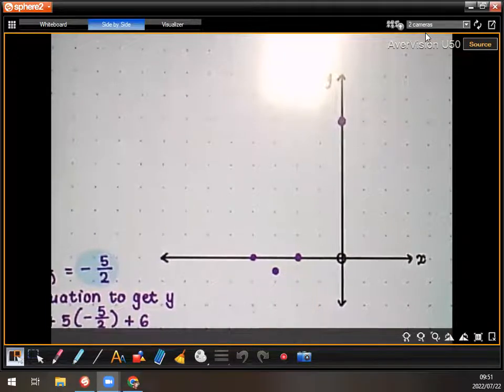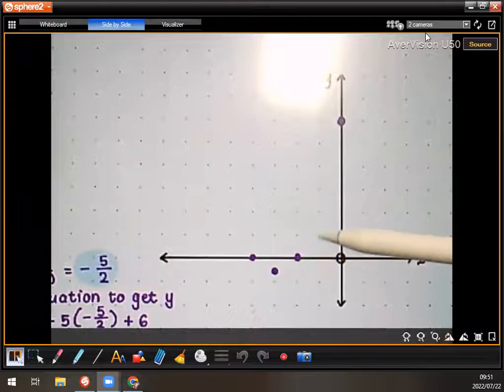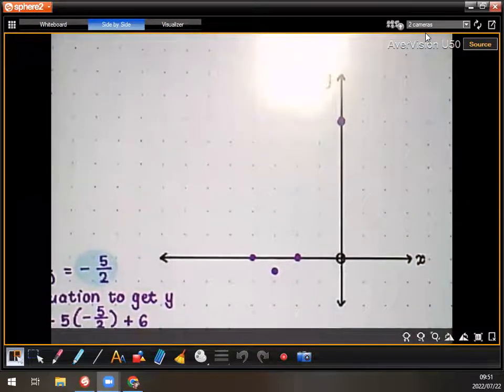Okay, so now pretty quickly, you guys get an idea of how this is going to look. It's going to go up through there and then go up on that side as well. So that turning point is always the middle of your graph.